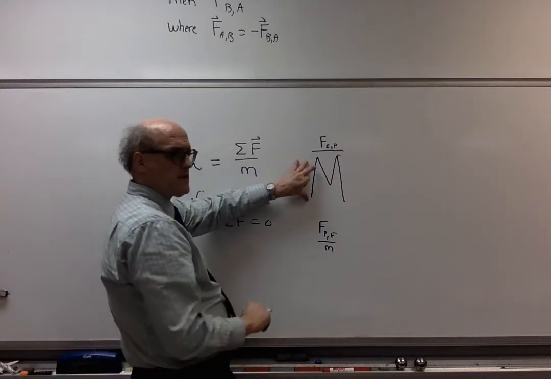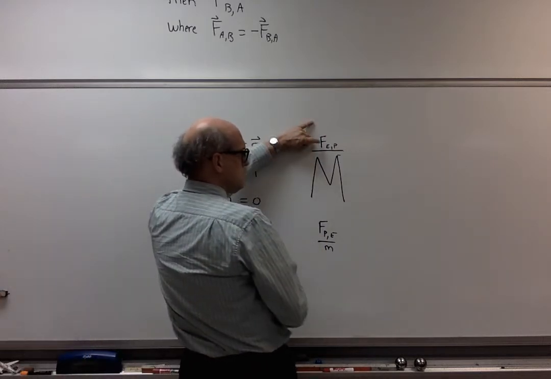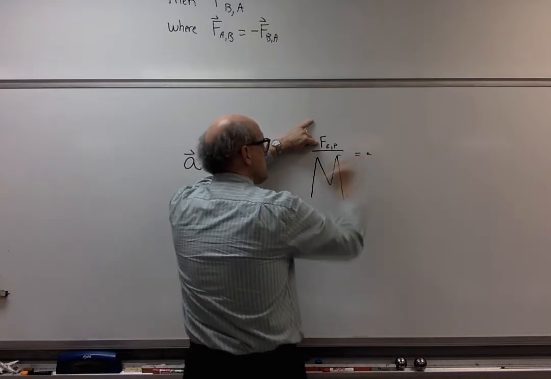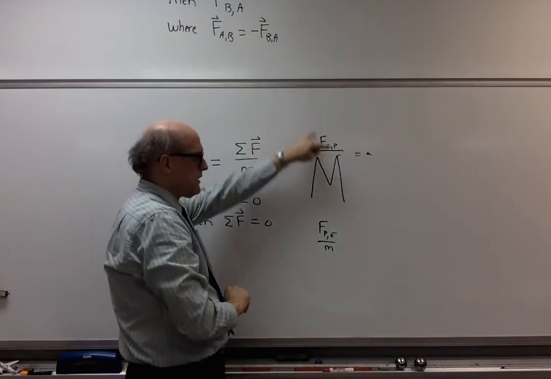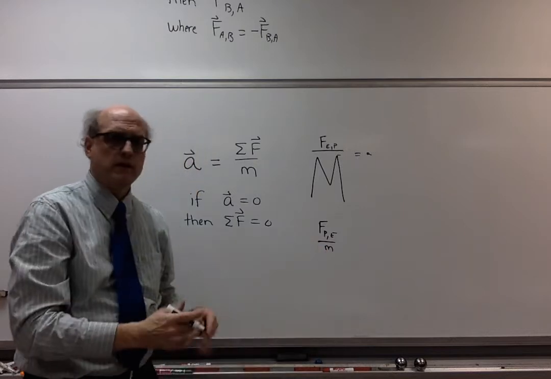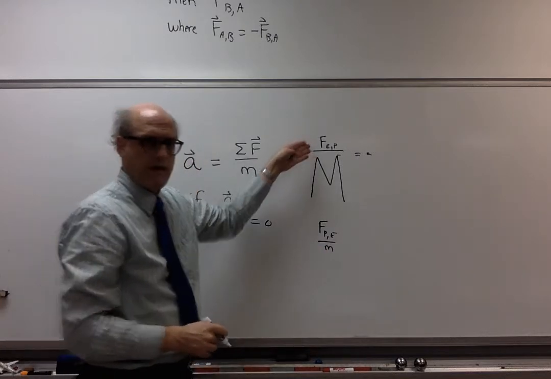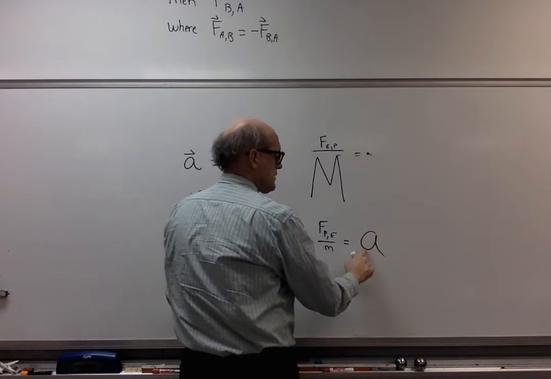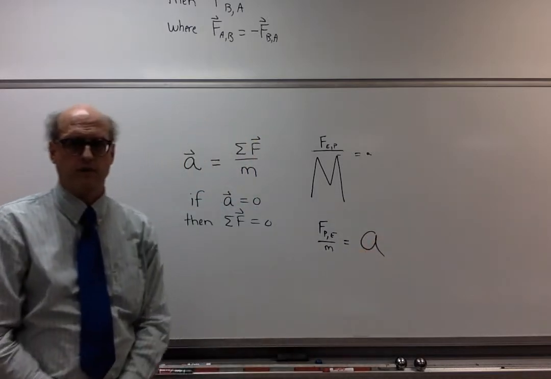So this huge mass of the Earth going into the force on the Earth due to the person is going to result in a very tiny acceleration. Whereas this tiny mass going into the same force magnitude is going to give you a larger acceleration, and this is what we call the acceleration due to gravity.